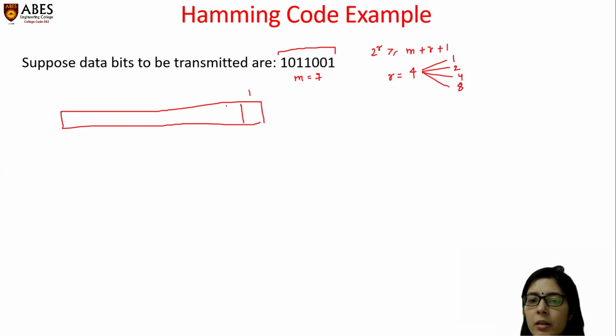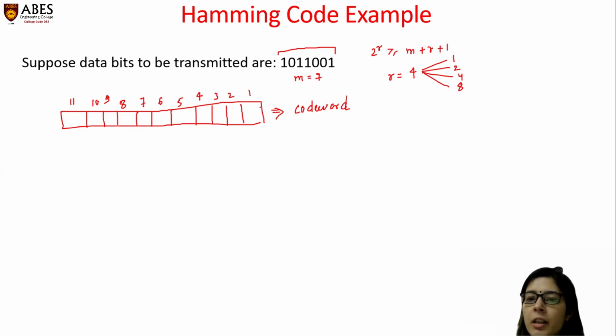This is 1, 2, 3, 4, 5, 6, 7, 8, 9, 10, and 11. So this is our code word. After adding the redundant bits into the data word, the data word will become the code word.